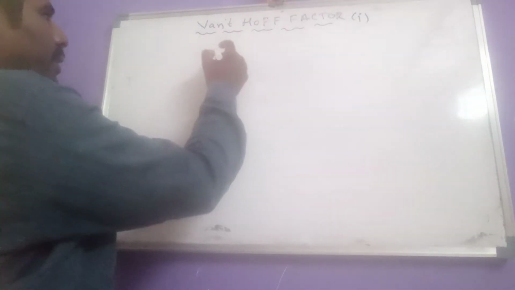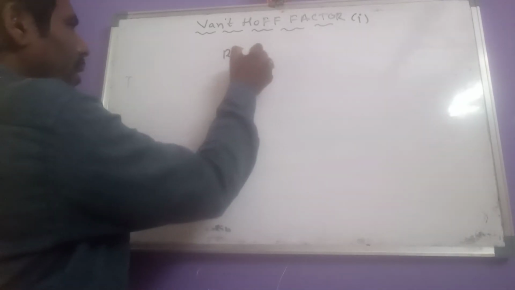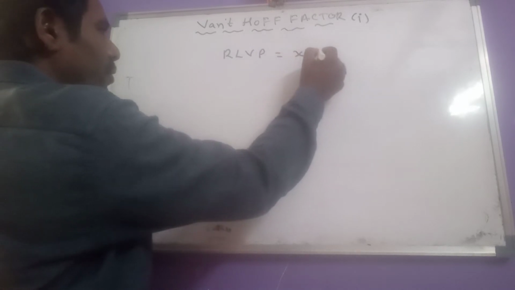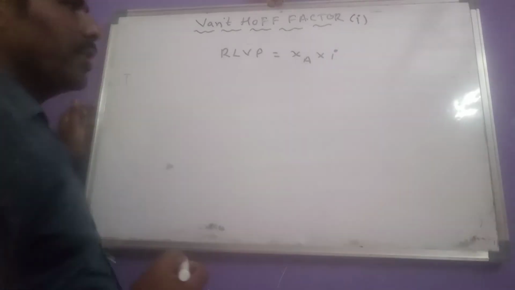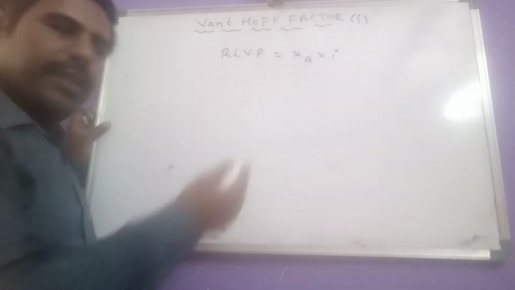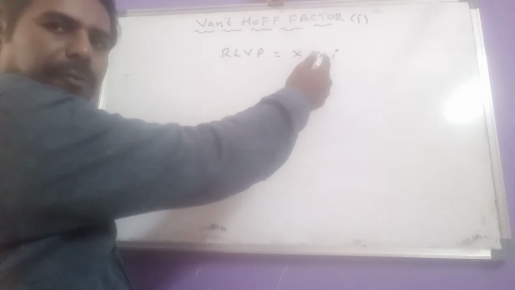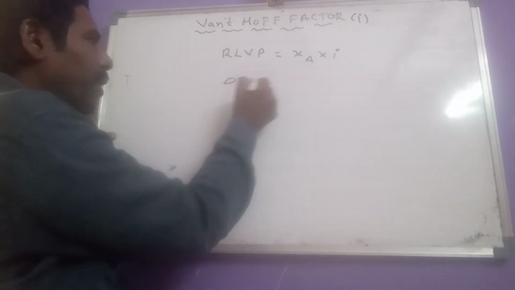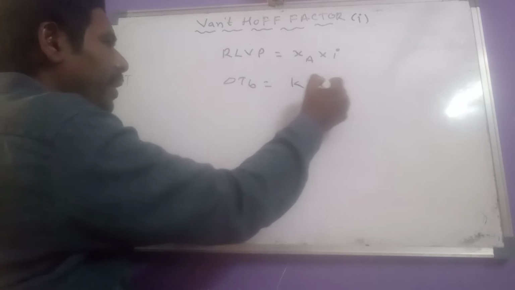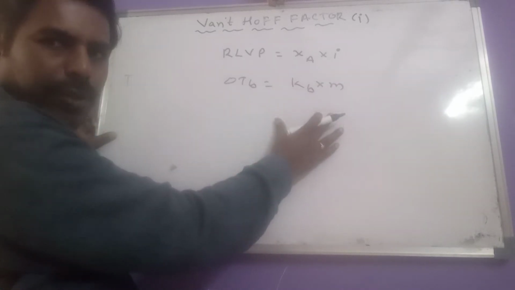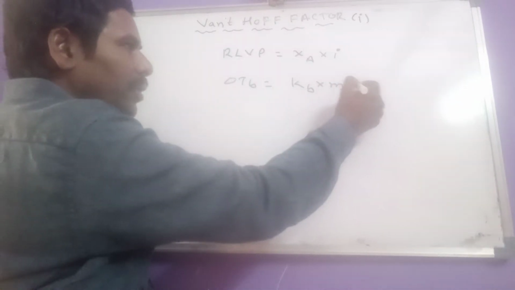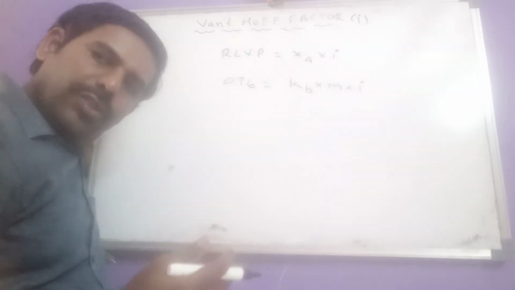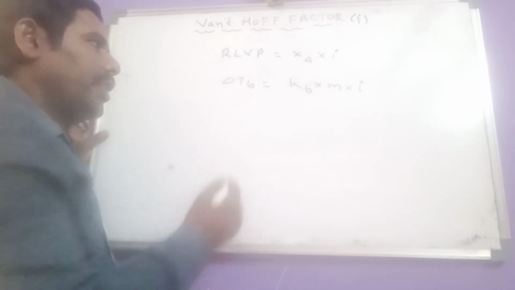First, relative lowering of vapour pressure equals the mole fraction of solute, multiplied by i. Elevation in boiling point is Kb into small m, and we have to use the i value to account for association or dissociation.